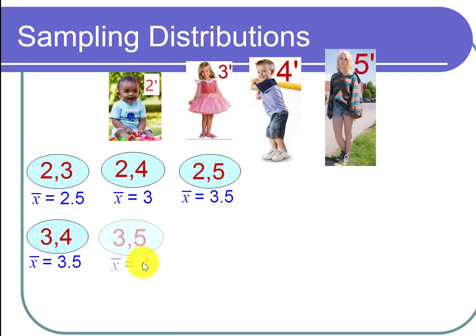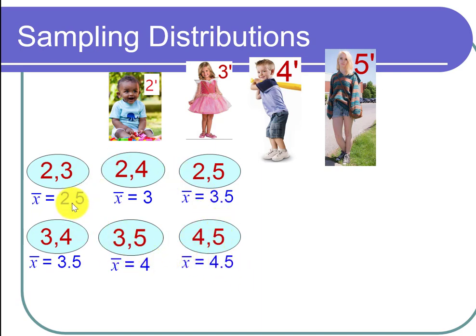I could do more. I could take the second child and the fourth child, and they will have a mean height of 4. And then finally, I could take the third child and the fourth child, and the mean of 4 and 5 is 4.5.